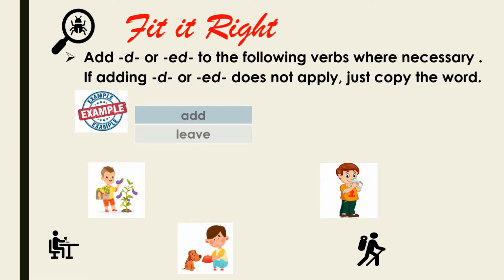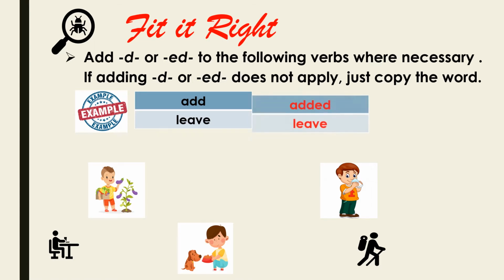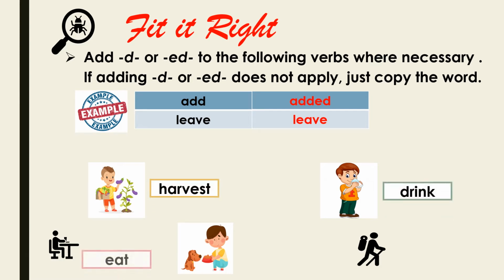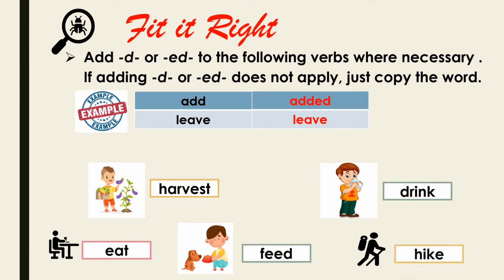The given words are add and leave. I think add could be added with ED, so my answer is added. While leave, I think shouldn't be added with D or ED, so I just copy the word leave. The rest are for you to answer in 20 seconds. Write your answers on a sheet of paper and we check later. Time starts now.